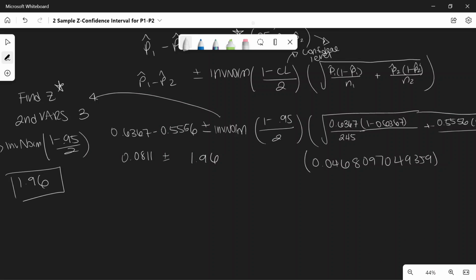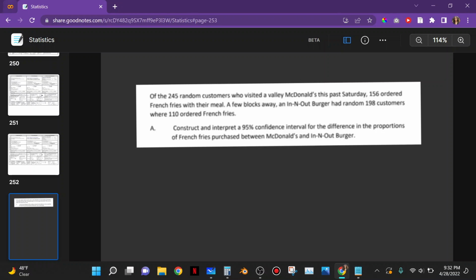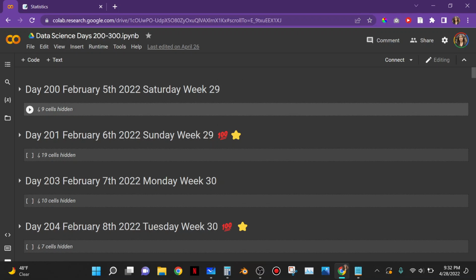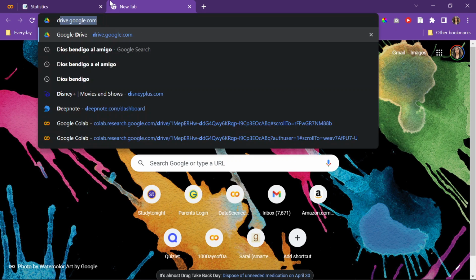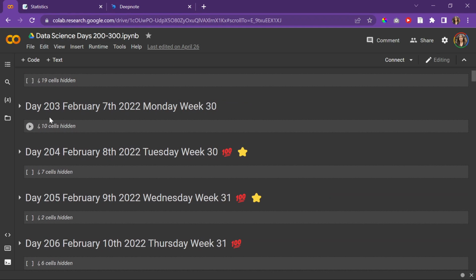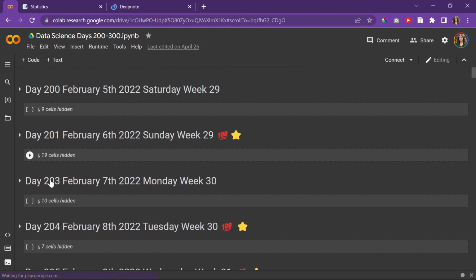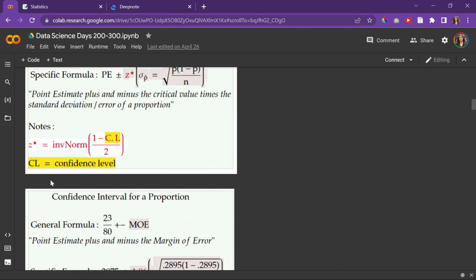Another way really quickly that you can do this is with Python. So let me show you that real quick. A little extension here. Hold on. No, let me go here. Deep Notes. I don't think I had day 201. This is one proportion.